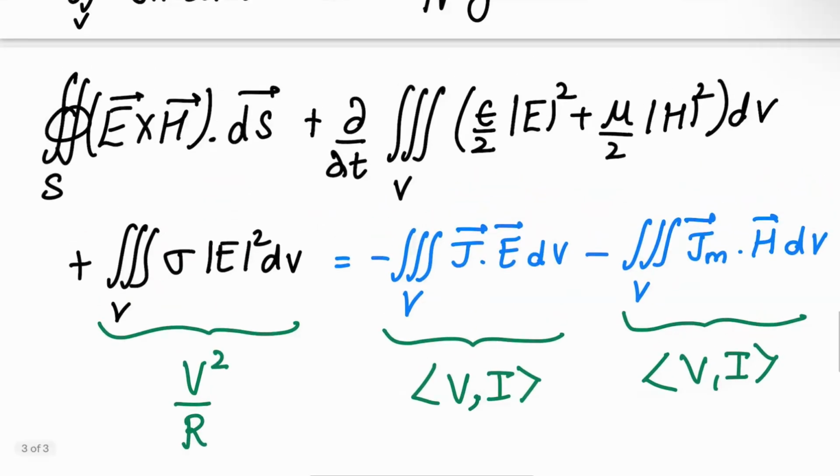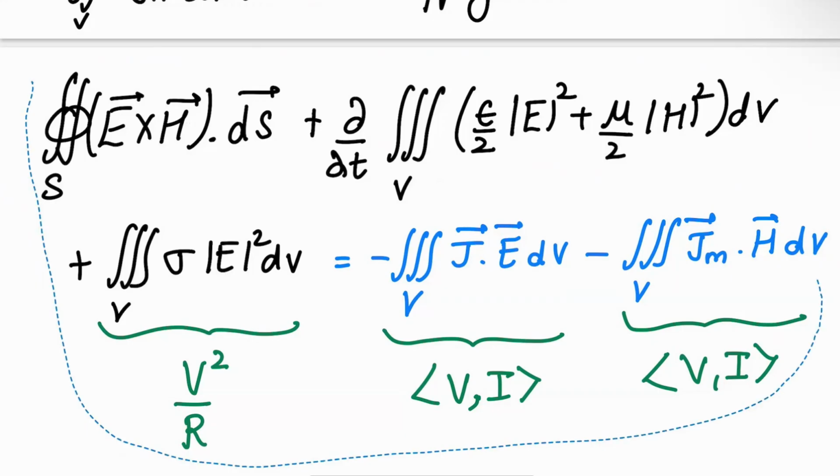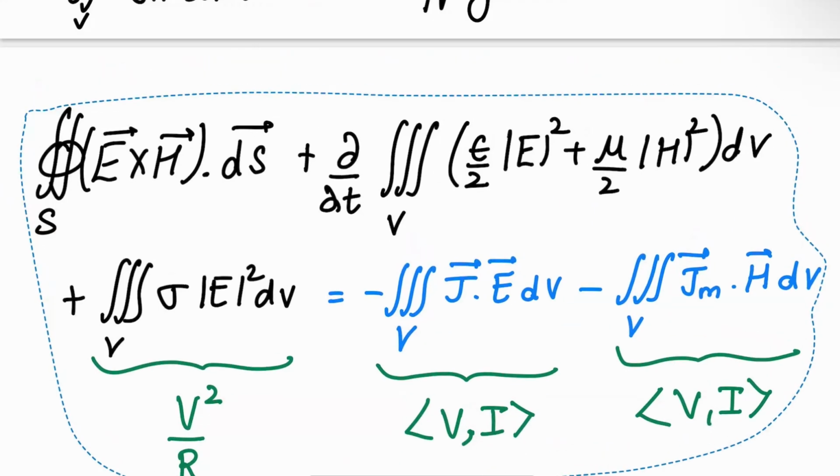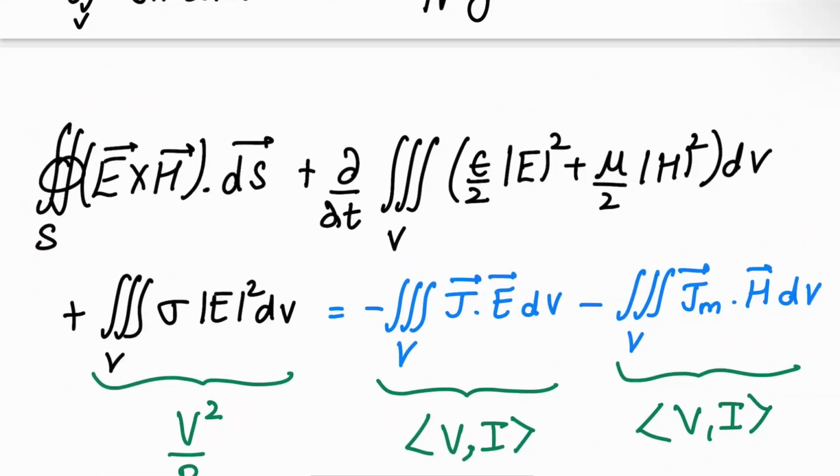Then if you look on this side, this looks like 1/2 CV square.